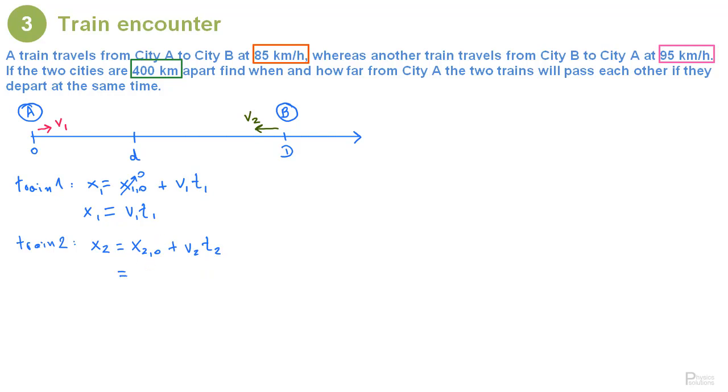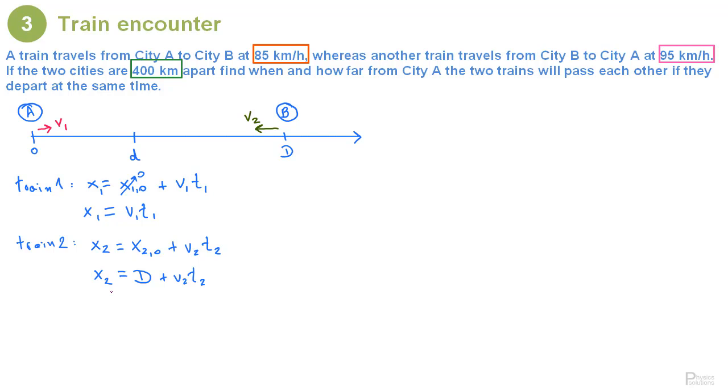We did that with the first train, but we cannot with the second train, because the second train started from city B, which is located at some distance, uppercase D. So the initial coordinate is D, plus v2 times t2. This is the equation for the position of the second train. And there we have it, two equations, two trains.